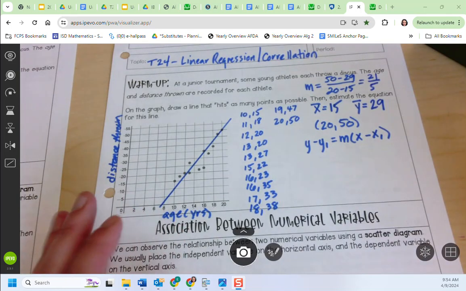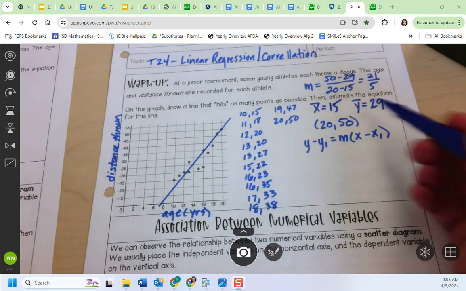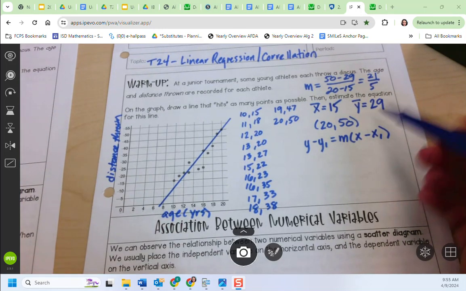Did you guys get about 4 for your slope when you were finding the equation of your line? Something close to 4 or 5? Because that's going to be about 4.2. And then I'm going to use this one.